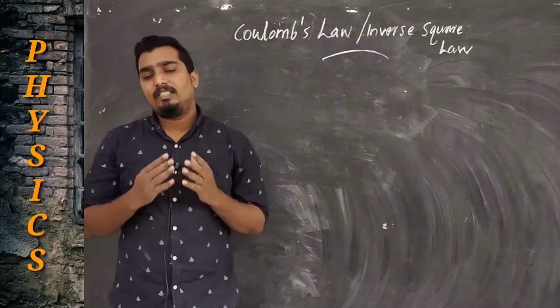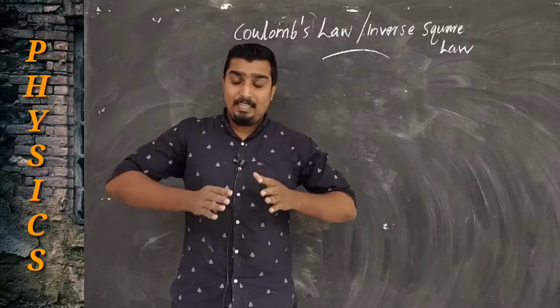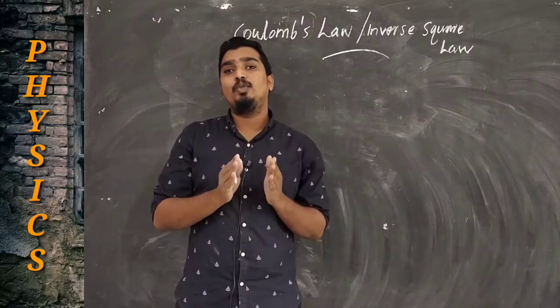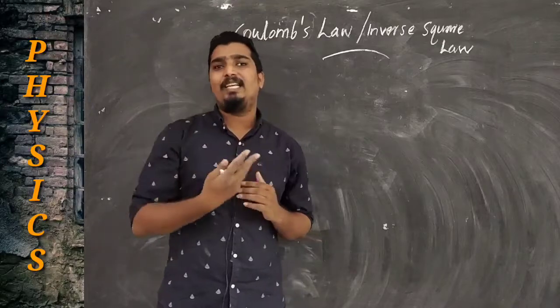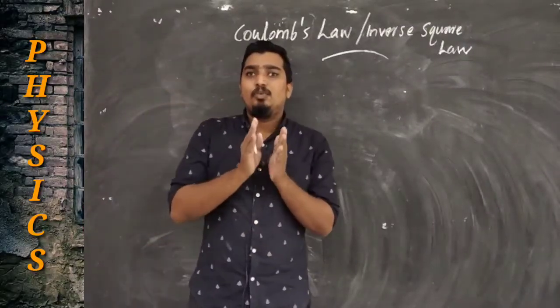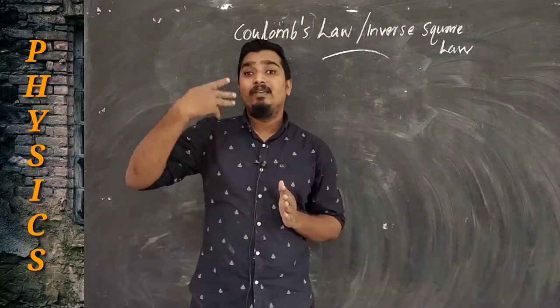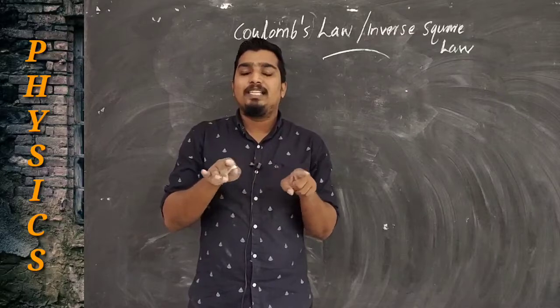Coulomb's law states that the force between two stationary electric charges is directly proportional to the product of the two charges and inversely proportional to the square of the distance between them.